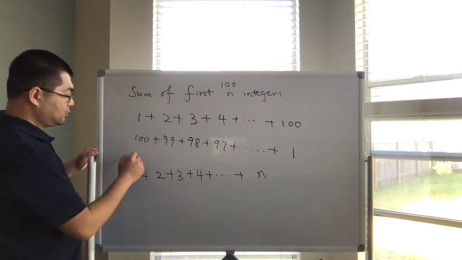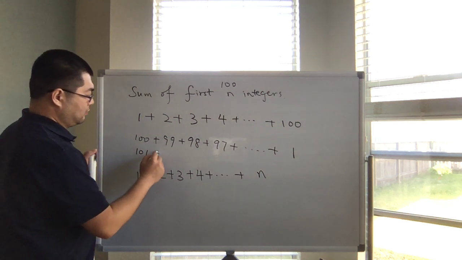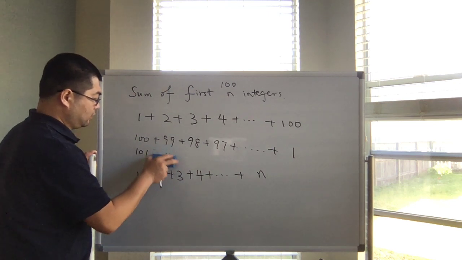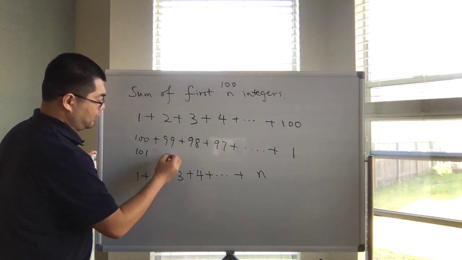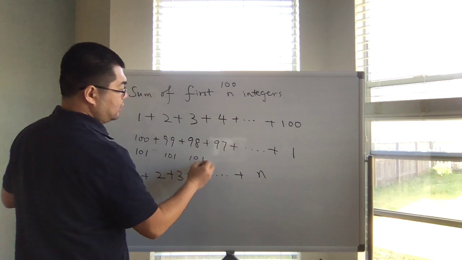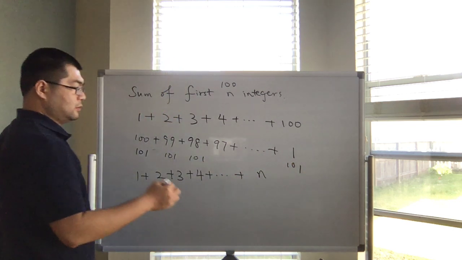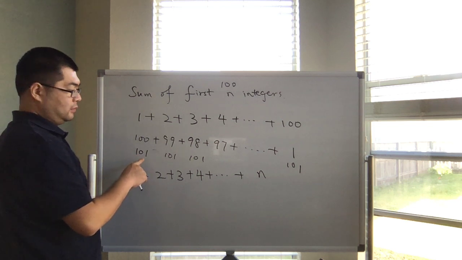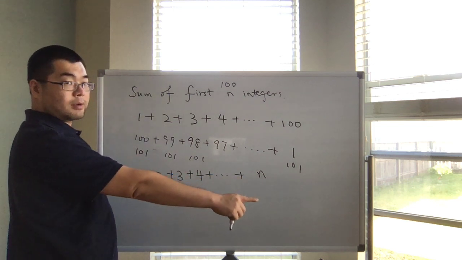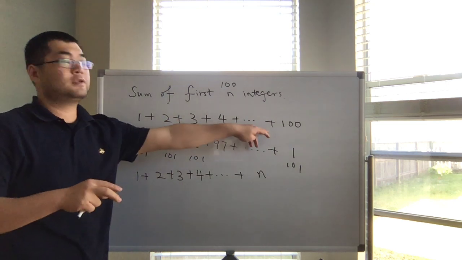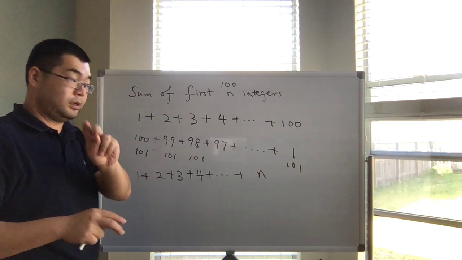So you have 101 here. You have 101 here. You have 101 here. You have 101 here. Now we have 100 copies of 101, right? That's a summation of the first 100 numbers twice. Do you agree?